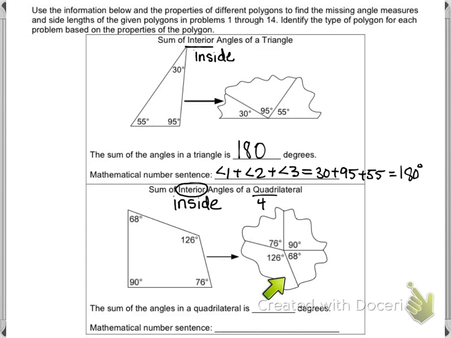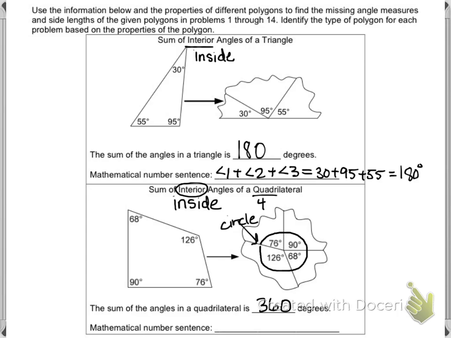And if I start at this point and I add this, plus this, plus this, plus this, it gives me a circle. And we know that a circle has 360 degrees, right? So we know that the sum of the angles of a quadrilateral is equal to 360 degrees.